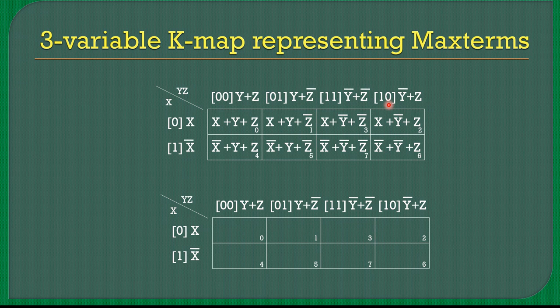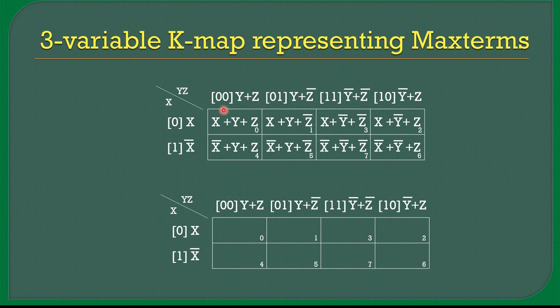It is absolutely the same as the three variable K-map representing the min terms. The only difference is that if it is 0, you write the uncomplemented version, and if it is 1, you write the complemented version. And you put the plus sign instead of the dot symbol.